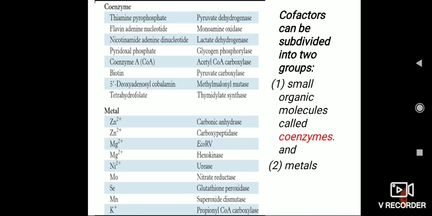The metals are zinc, magnesium, nickel, molybdenum, selenium, manganese, and these are the enzymes that need these metals for their reaction. Like carbonic anhydrase enzyme needs zinc for its activity. Hexokinase needs magnesium for its activity. Urease enzyme needs nickel ions for its activity.